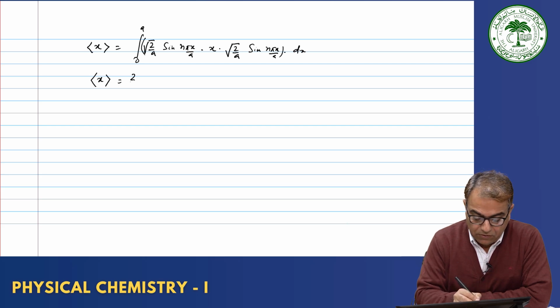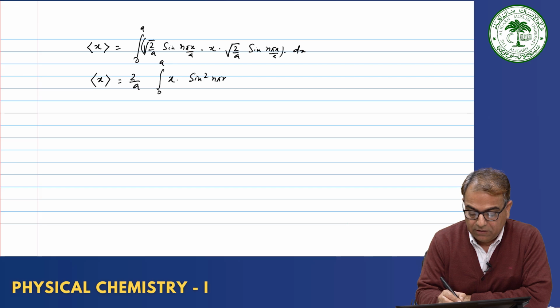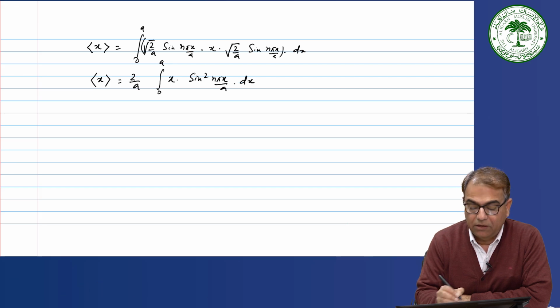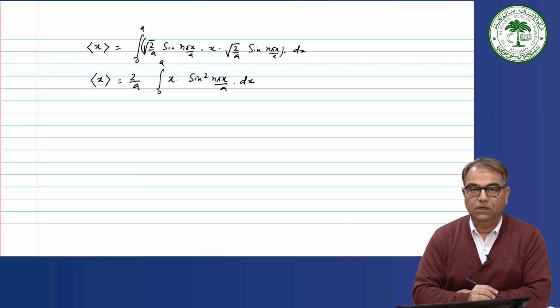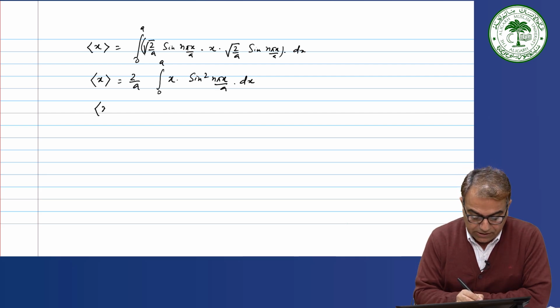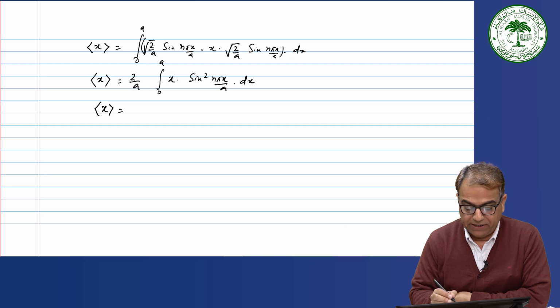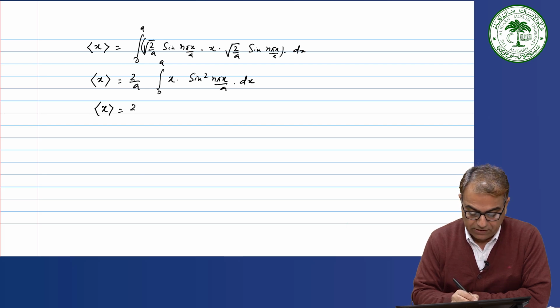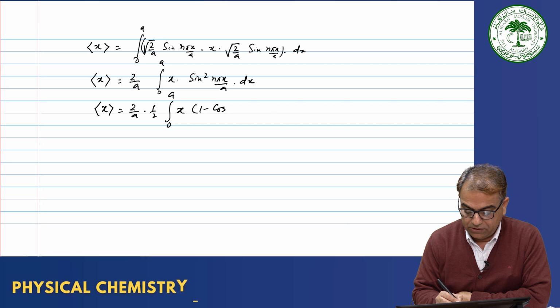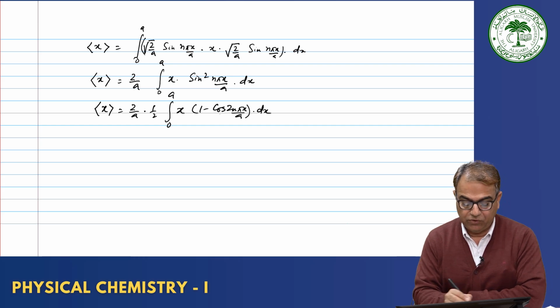So it will be 2 divided by a, integral 0 to a, x sine square n pi x upon a into dx. Okay. The usual way of doing this calculation is that you convert sine square n pi x into cos 2 n pi x. Let's say 2 divided by a, 1 by 2, integral 0 to a, x into 1 minus cos 2 n pi x upon a into dx. Okay, 1 by 2 I have brought it here.